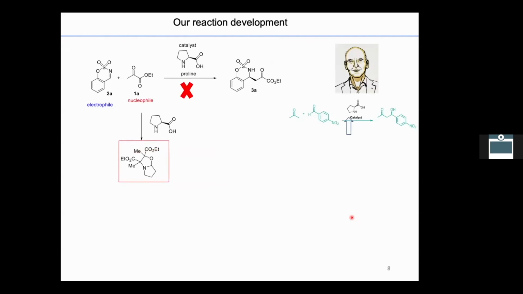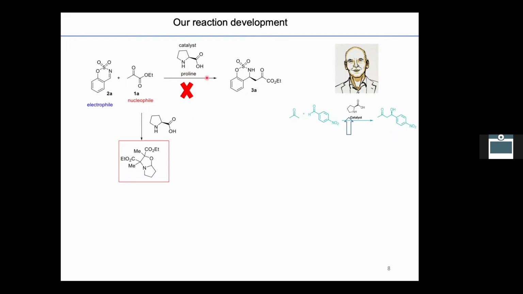From here, our reaction development starts. For our reactions, we use pyruvate as a nucleophile, this molecule, and another electrophile. We chose this one because the corresponding product could be used for other applications as well. We used this catalyst for our first trial reaction and found out this reaction did not occur. This catalyst, as you probably remember, was first introduced in 2000 by Benjamin List for his Nobel-winning work.